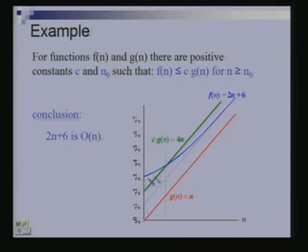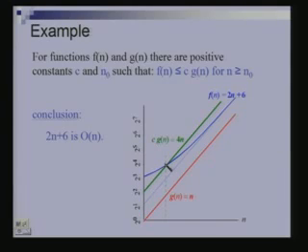Now as you can see, beyond this point, f of n is less than 4 times n. So what are our constants c and n naught? The constant c is 4, and n naught would be this point of crossing, beyond which 4n becomes larger than 2n plus 6. What is this point of crossing?